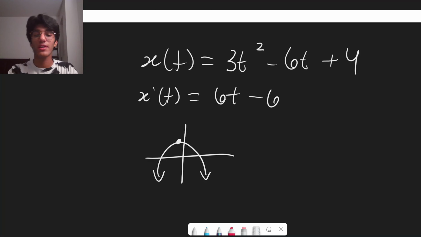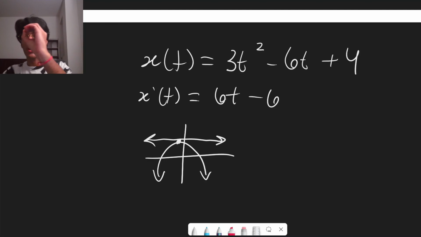Now, if we were to make a line tangent to that, like so, you'd notice that its rate of change is 0. So if we don't have a graph and we only have its function, then what we want to do is figure out where the graph has a turning point. We'd want to set its first derivative equal to 0.